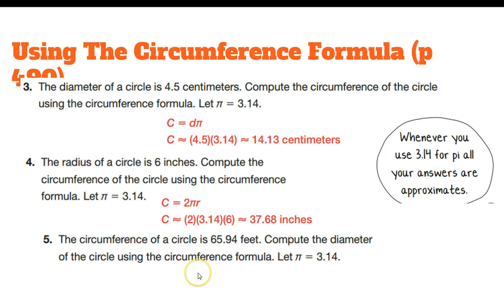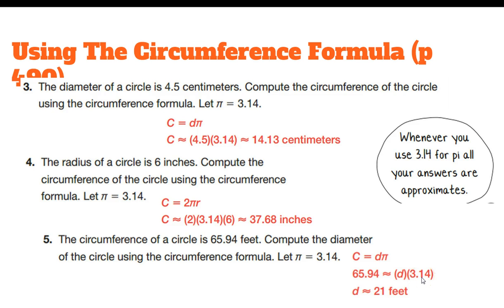Okay, I'll let you do number 5 on your own, and let's see what you come up with. Here we go. C is equal to D times pi. We are given the circumference this time. So we put in 65.94 in place of C, which is about D times 3.14.